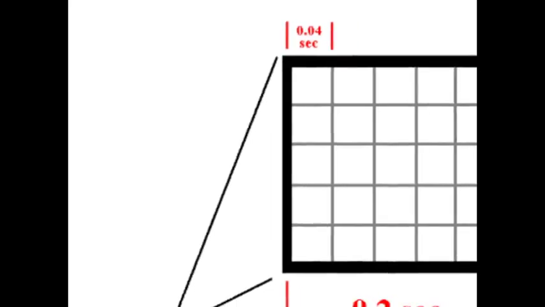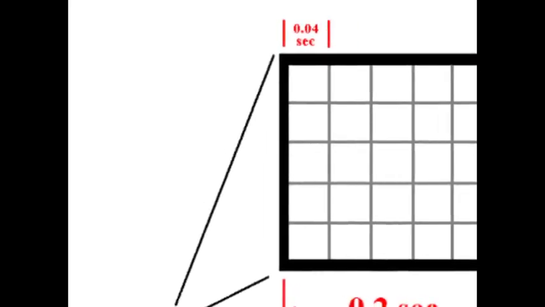Okay, this is about the horizontal. And what does the vertical represent in the ECG? Here you see the vertical length represents every 5 millimeters, or 0.5 millivolt.